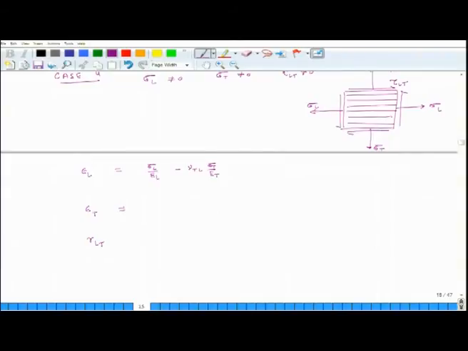Similarly, epsilon T is equal to sigma T over ET.